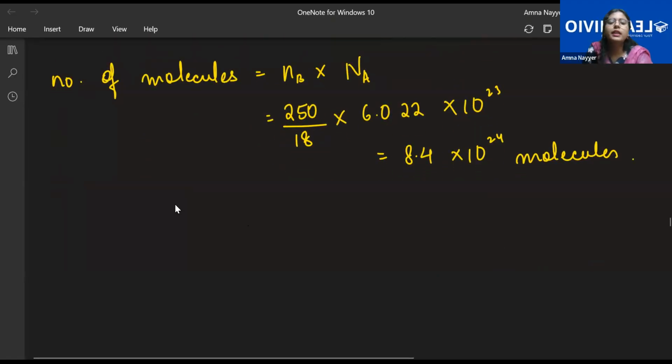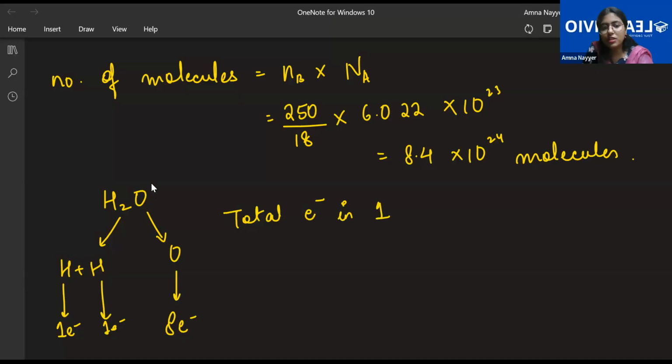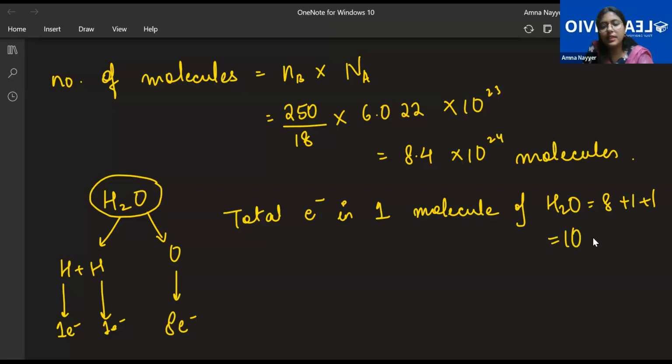When we talk about water, H2O, it is made up of 2 hydrogens and 1 oxygen. The number of electrons of oxygen is 8 and 1 electron for each hydrogen. So total electrons in one single molecule of water is 8 plus 1 plus 1, which is 10 electrons.